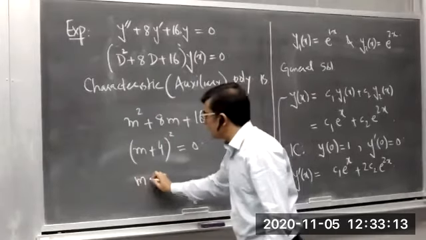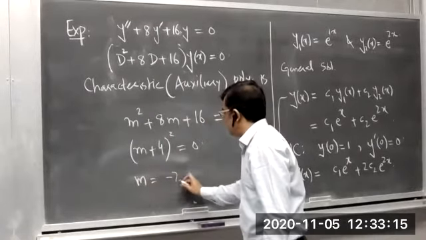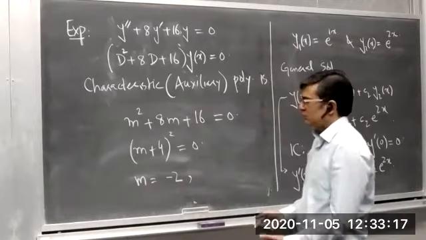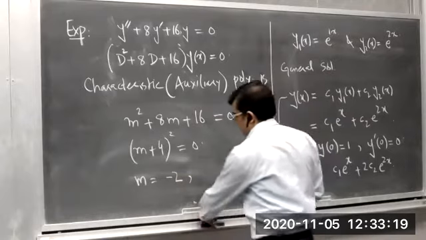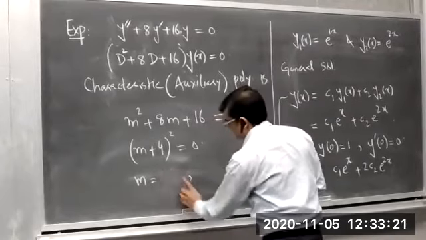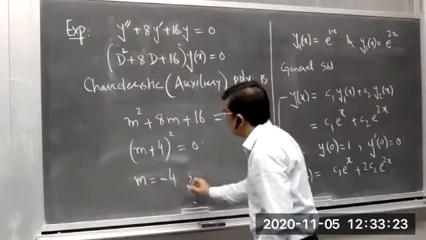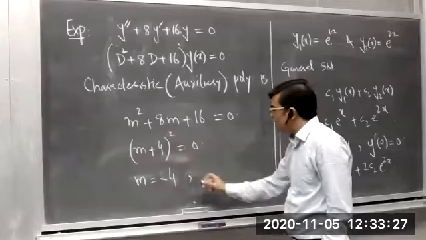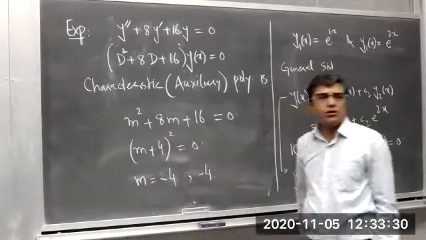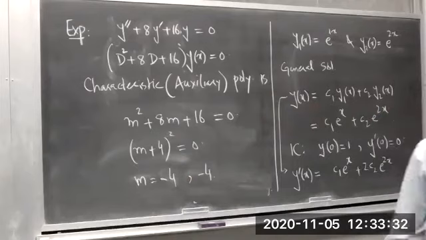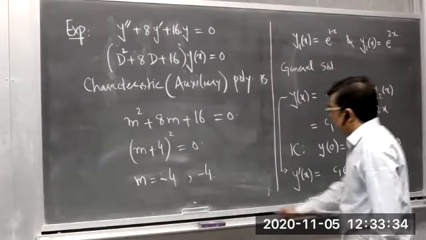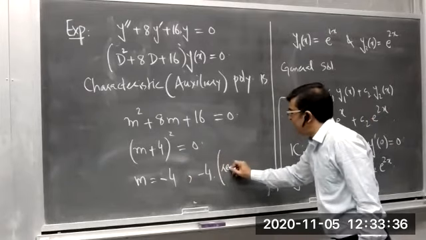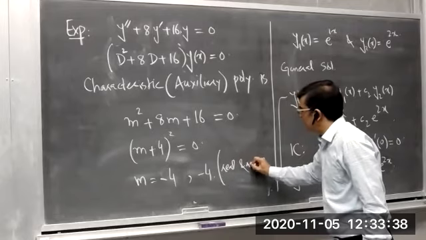Now the roots are what? It is minus 4. And the second root, because it's repeated 2 times, we must have 2 roots which are identical. So these roots are real and repeated.